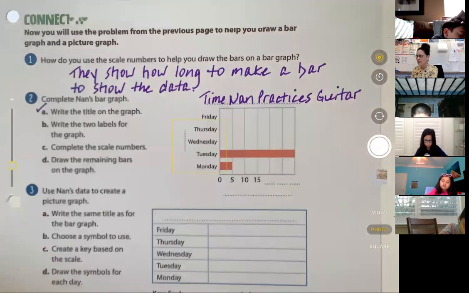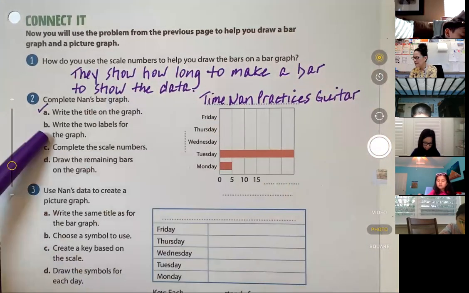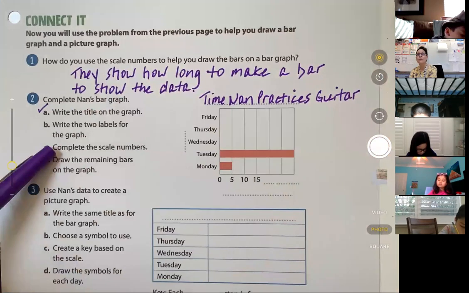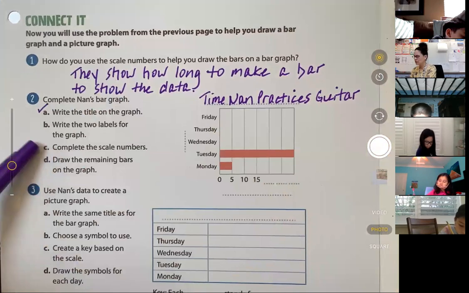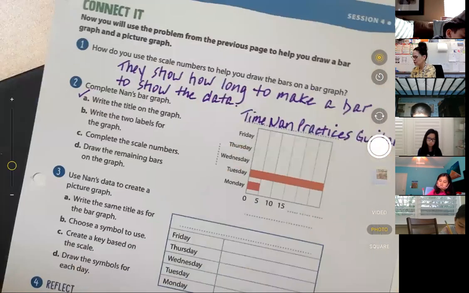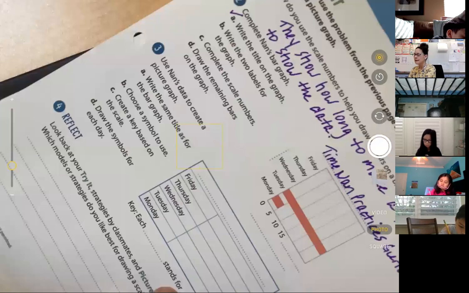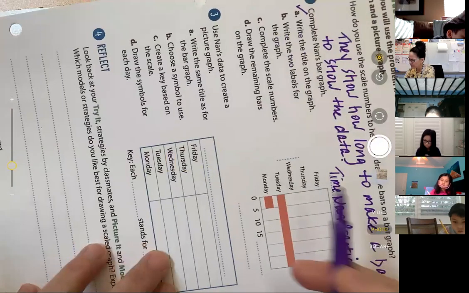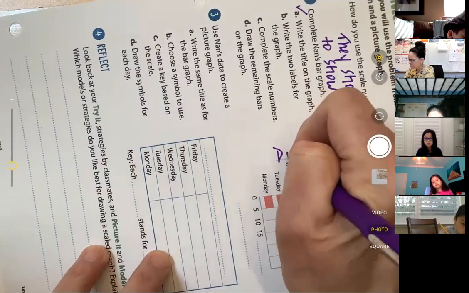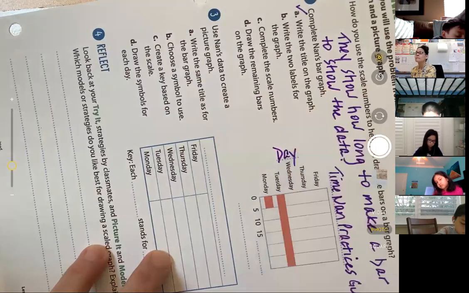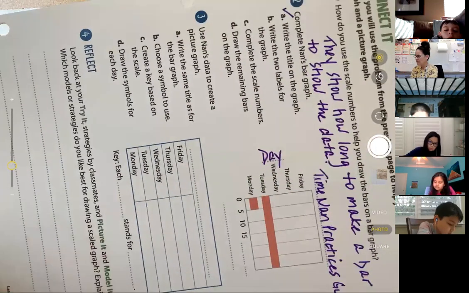Awesome. On B, write the 2 labels for the graph. So you might have to turn your page or your binder just a little bit because here we need to write, of course, day. That's one label.